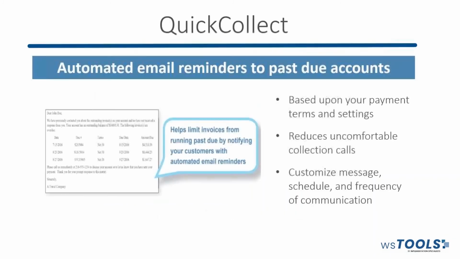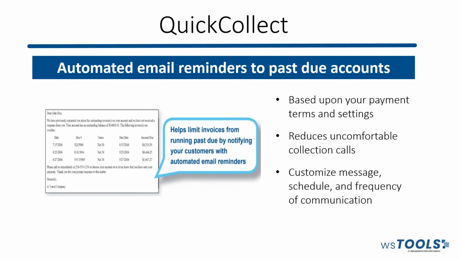Okay. The next one is Quick Collect. And Quick Collect, people love Quick Collect because it allows you to take the collections out of collections. Probably the worst job at every company is somebody has to make the collection calls. Somebody has to call people and ask for money. Well, Quick Collect does that.